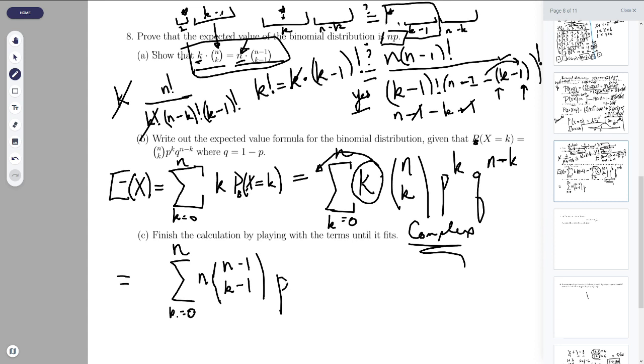And nothing changes about p to the k, and nothing changes about q to the n minus k. So if the question is, why can't k pop out of the summation? At least in terms of computer scientists, we should say, well, if a summation is a for loop, then k is the variable that the for loop declares.